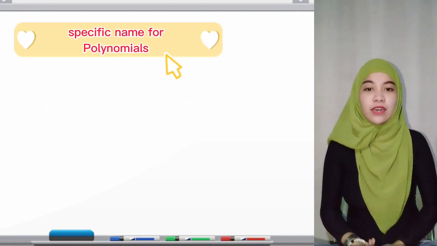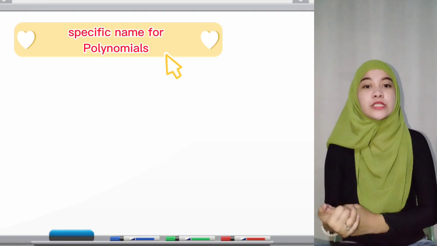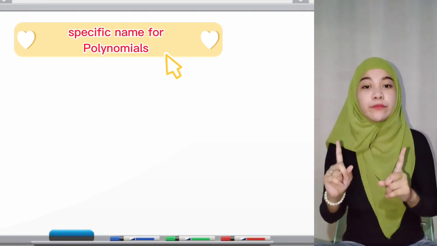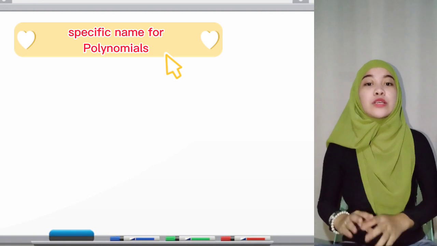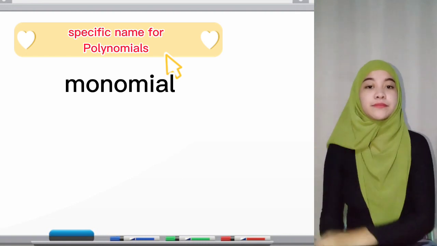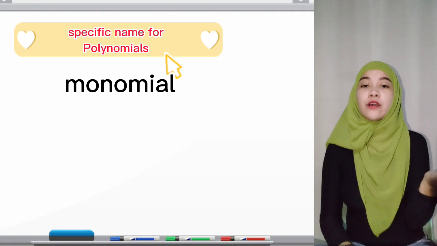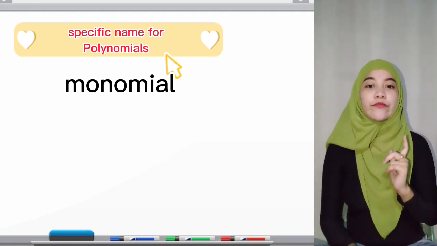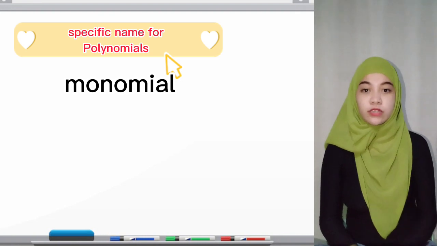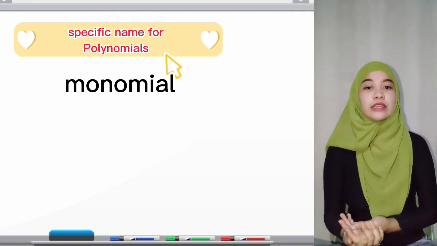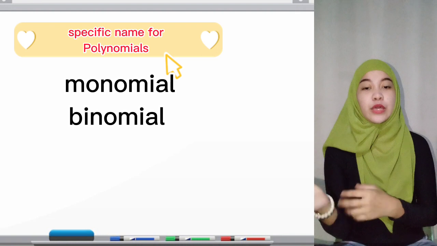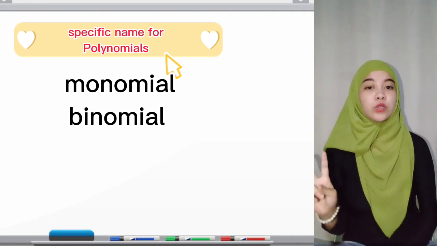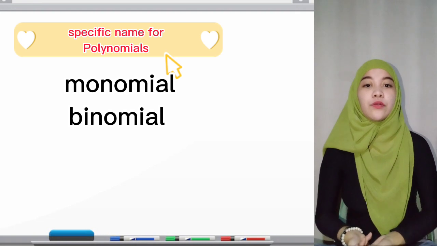There are specific names for polynomials. If there is only one term, we call this a monomial, because mono means one. If there are just two terms, we call it a binomial, because bi means two.